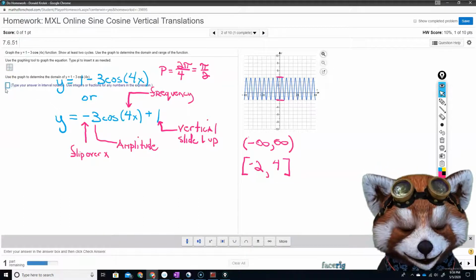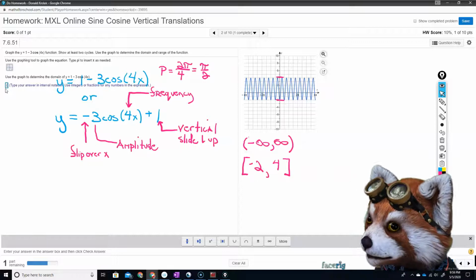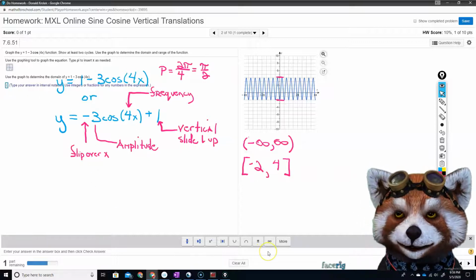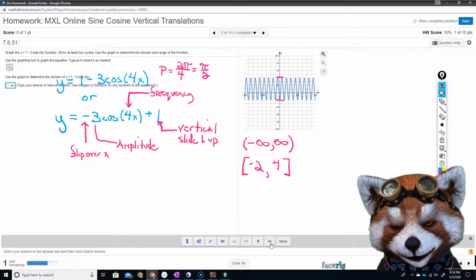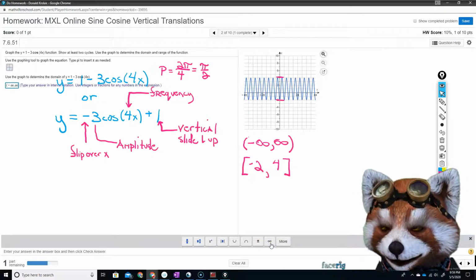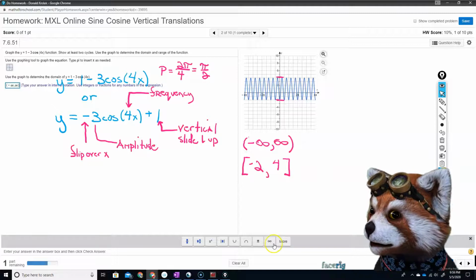Okay, so this is going to be parentheses, negative infinity, positive infinity, parentheses.